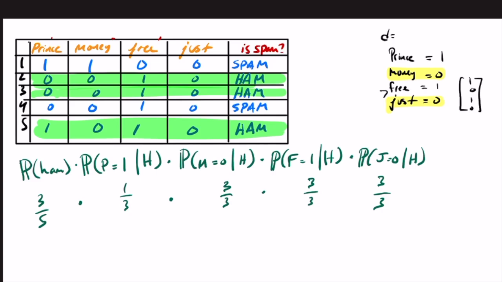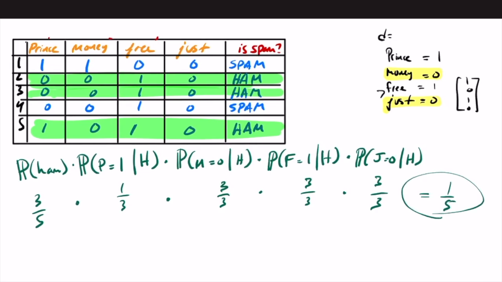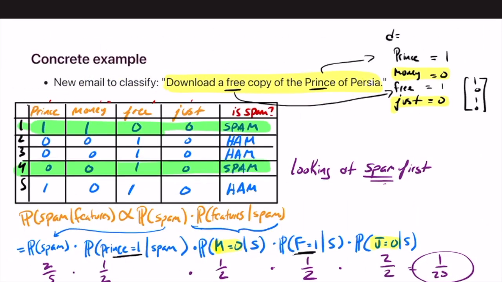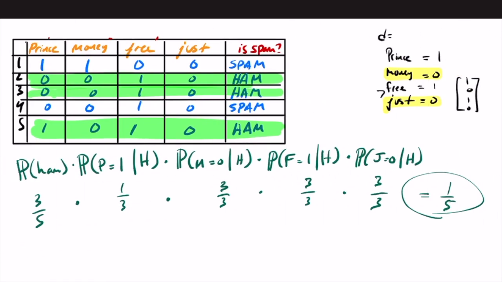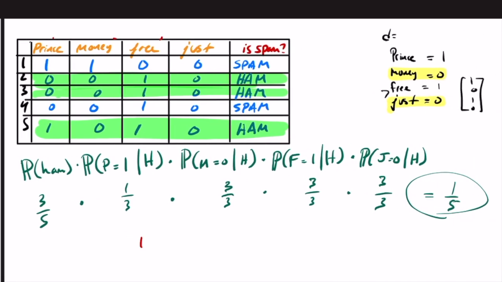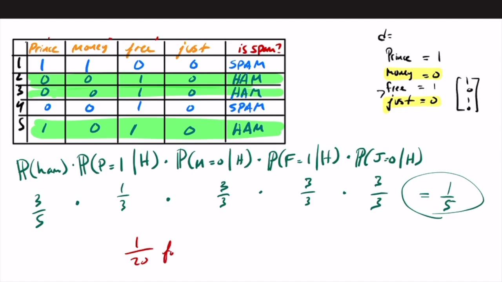So we'll say that this is equal to 1 over 5, I believe. And that's 1 over 5, and this is 1 over 20. So we'll say 1 over 20 for spam, and 1 over 5 for ham.